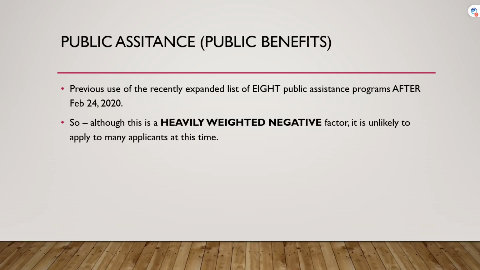There isn't a direct link. In other words, they're not supposed to consider public assistance programs, but they may consider your character as not being as strong if you have effectively lied to the government by saying you're not going to use these public assistance programs, coming here as a green card holder, and using those programs immediately.